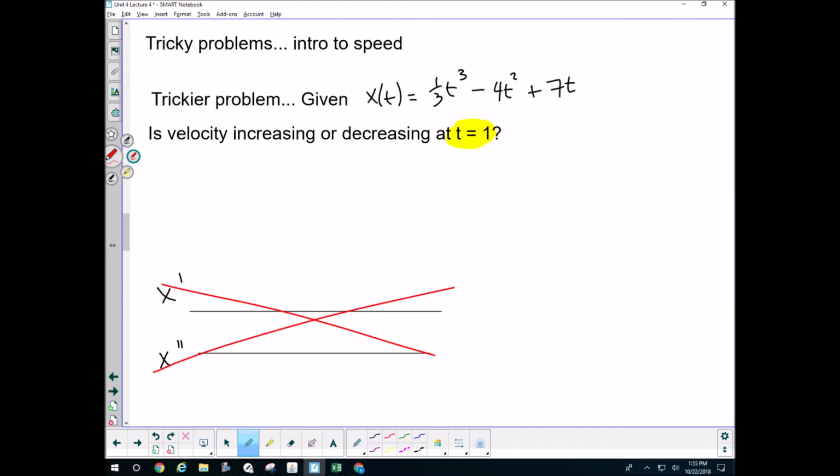Okay, now we need to remember from Unit 3 that the derivative of position gives us velocity. And then the second derivative of position, the first derivative of velocity, gives us acceleration. Okay? Most people's instincts are to take the derivative, and they get t squared minus 8t plus 7.